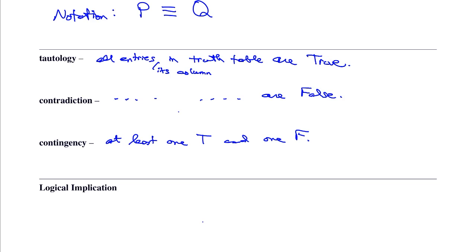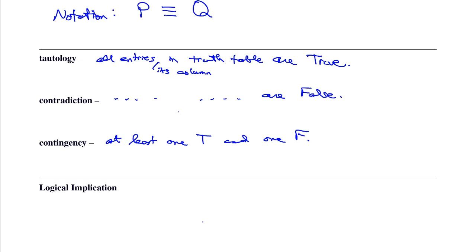What did you come up with? P and P, right? Yeah, P and P. So true and true is true. False and false is false. So P and P is not a tautology. P or P is the same one. What do you got there?